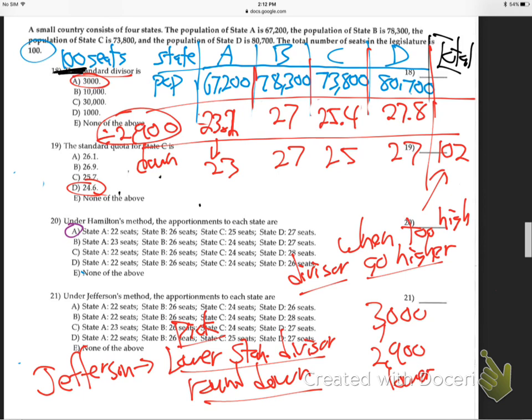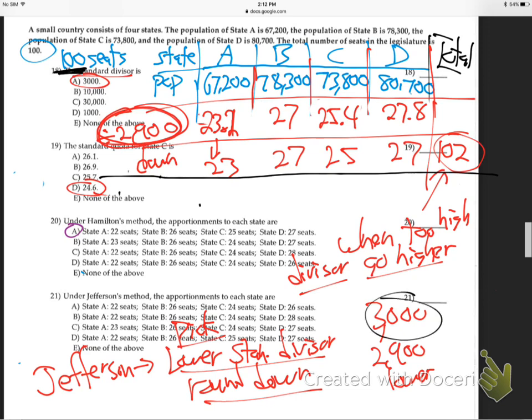So I'm going to take my 2,900 divisor, and since it's coming out too high, I need to redo it, and this time I'm going to go higher. Now, how much higher? Never higher than the original 3,000. Are you with me? That's the original. Jefferson is always lower than the standard. Always lower than the original. You'll never go above the original with Jefferson.